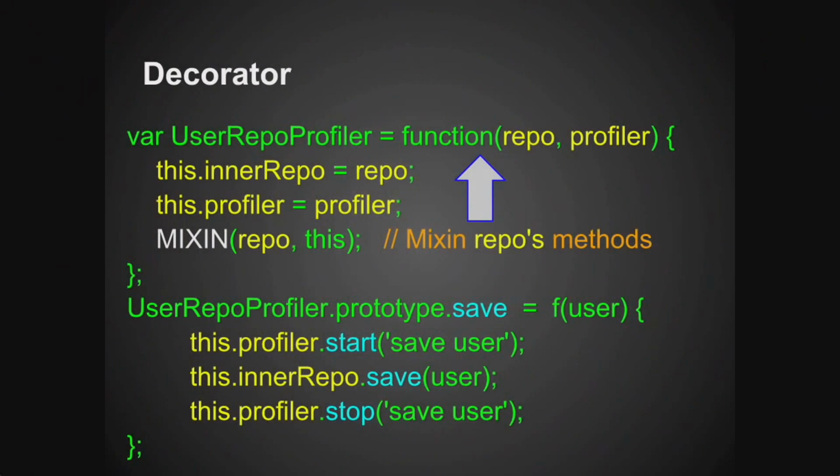So again, I'm going to create another decorator for this one. I'm going to call it user repo profiler. This one, in its constructor function, takes, again, an inner repo. It takes a profiler interface. I'm going to mix in everything from the user repo into this current object. Again, this is just a convenience, so this object doesn't have to implement all of the interface methods if it doesn't want to.